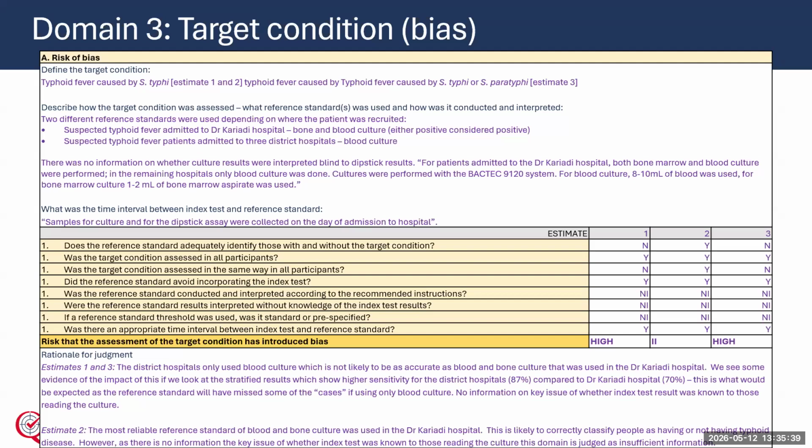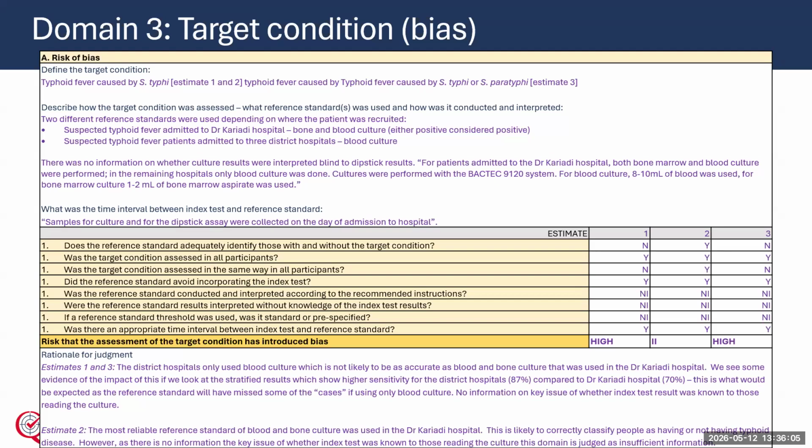Was the target condition assessed in all participants? Was the target condition assessed in the same way in all participants? Did the reference standard avoid incorporating the index test? We've got a question about how the reference standard was performed. Were the reference standard results interpreted without knowledge of the index test results? So that's similar to the index test question about information available.